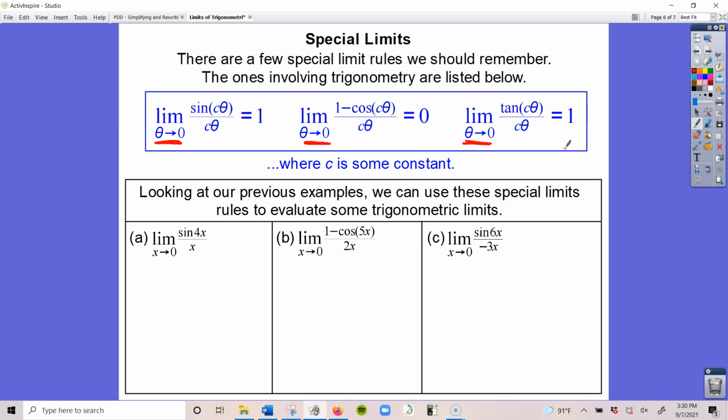Now, our shortcuts. These are the limits that we were finding using the graphs. We can use our special limit properties here and not need the graph, and not need to even plug anything in. So the limit as x is approaching 0, look at what we have here. This is our special limit. The trick is just look at the numbers. Sine of 4x over x.